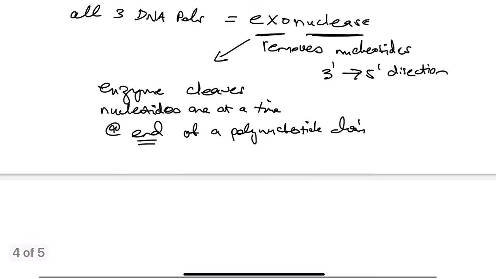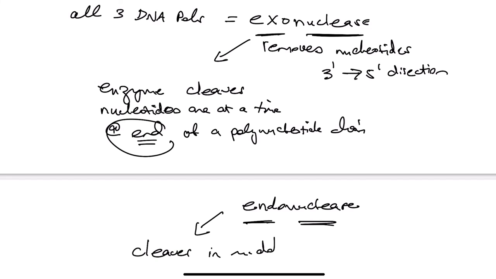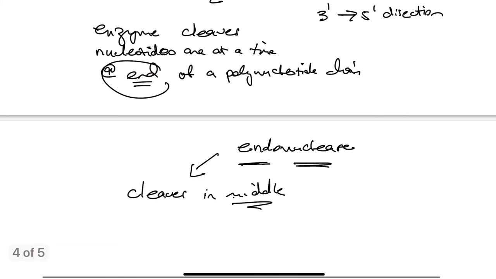Now let's contrast that with an endonuclease. Maybe you'll then see what we are referring to if I do that. What is an endonuclease? If an exo removes at the end of a polynucleotide chain, then we can deduce that an endonuclease will cleave those phosphodiester bonds in the middle, not on the end, in the middle of our polynucleotide chain.